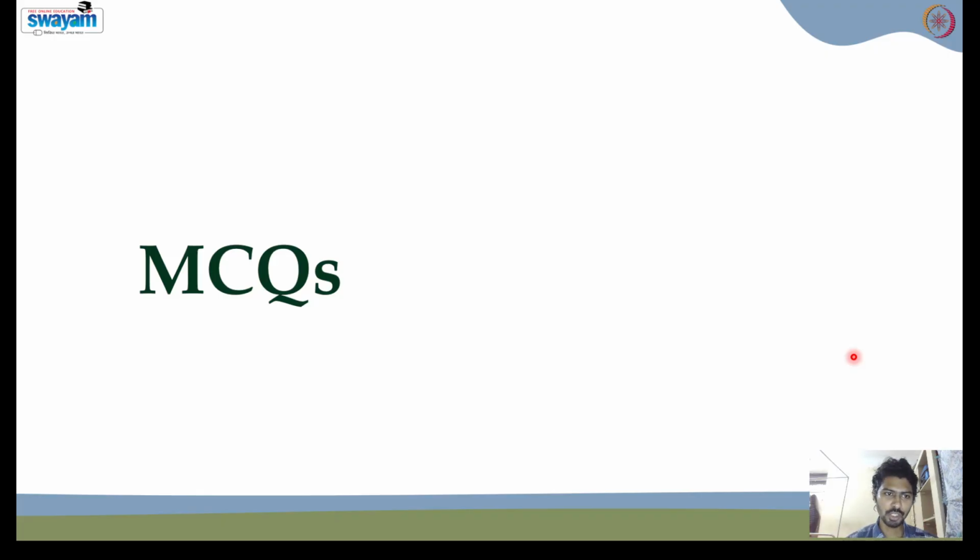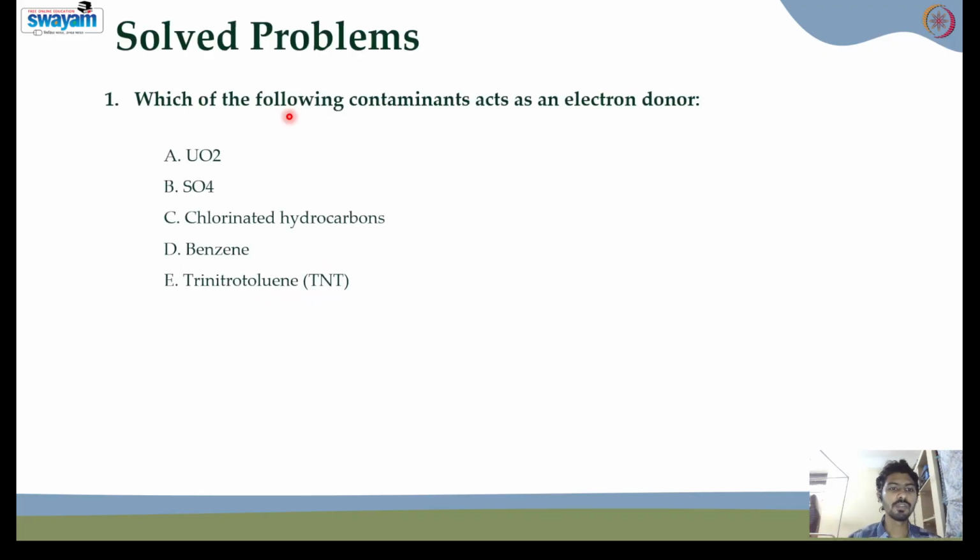So the first MCQ is, which of the following contaminants act as an electron donor? Option A, uranium oxide, option B, SO4, option C, chlorinated hydrocarbons, option D, benzene, option E, TNT, trinitrotoluene.